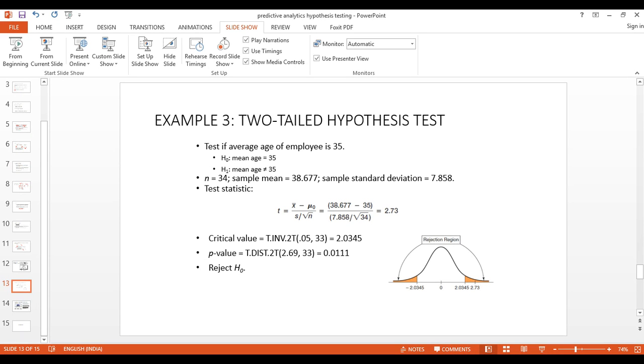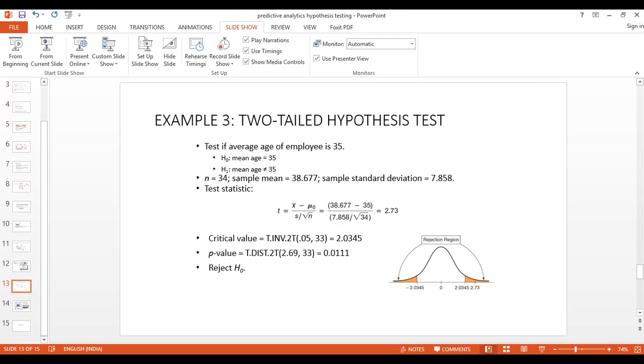Oh, we are t inverse 2t. So I want to type equal to t inverse 2t. It will ask you for a probability, 0.05, and degrees of freedom, that is 43. Oh, it's 33.